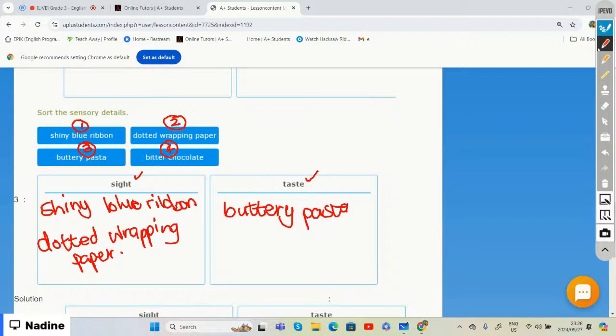So whether it is sweet chocolate, bitter chocolate, or dark chocolate, it is something that we can taste. So bitter chocolate. Right? So this is basically how we can sort out words under things that you can see or things that you can taste.